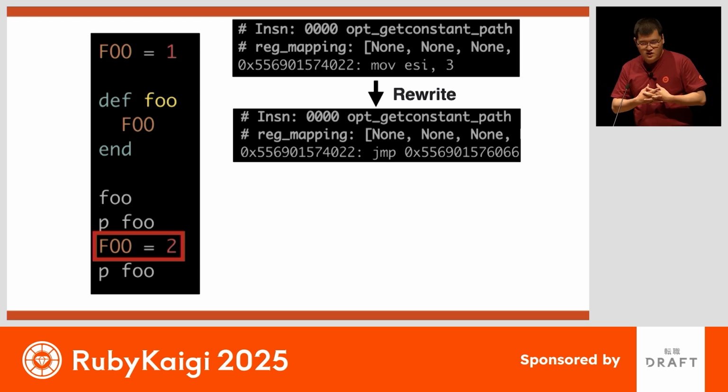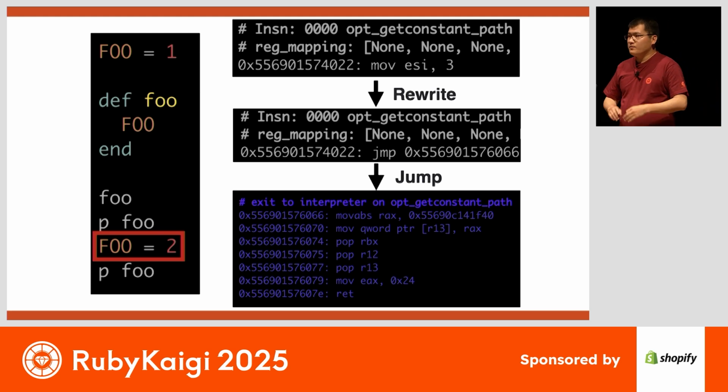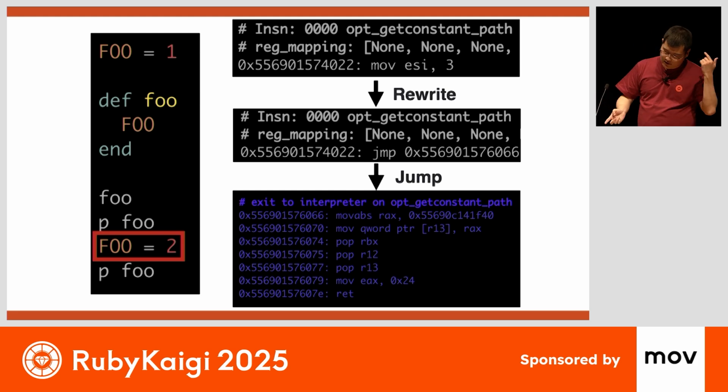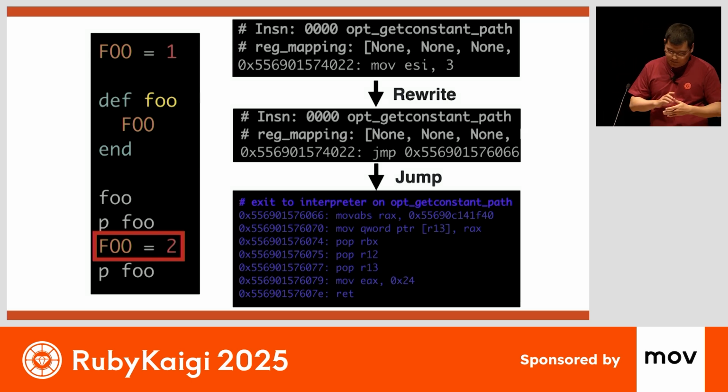That jump could go to anything. For example, what we actually do is jump to a trampoline, which jumps back to the interpreter from the JIT code. By doing this, we can cancel the optimization of inlining the content of the foo constant, and it goes back to the interpreter when it executes this method again.